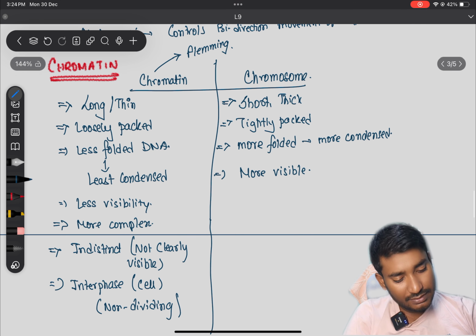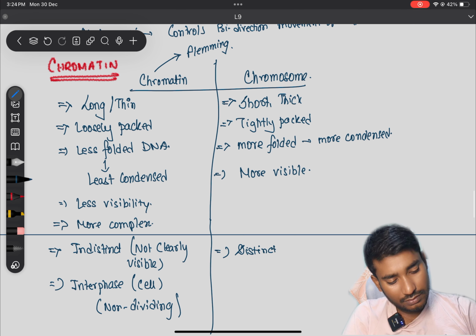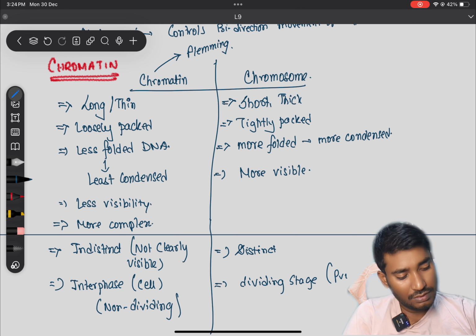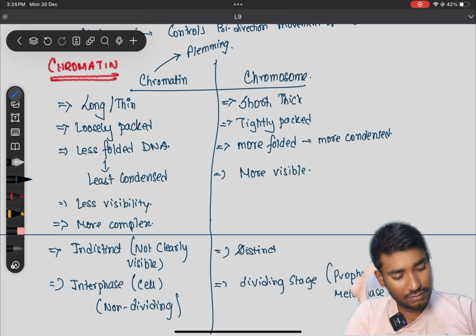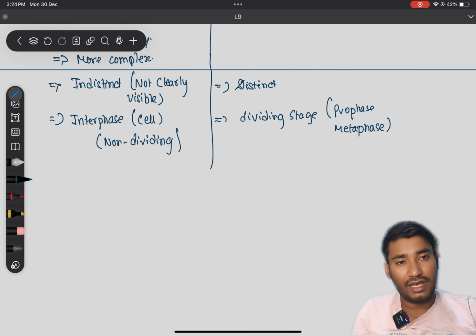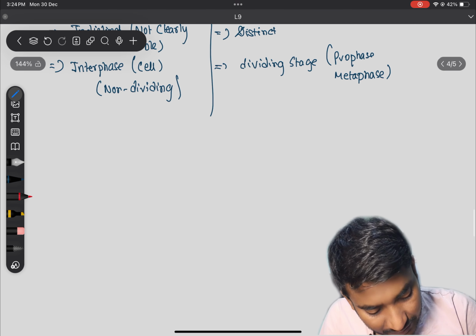Now it is distinct, in the dividing stage, prophase, metaphase.